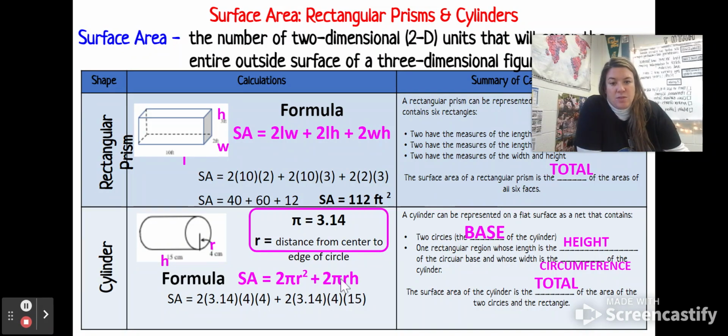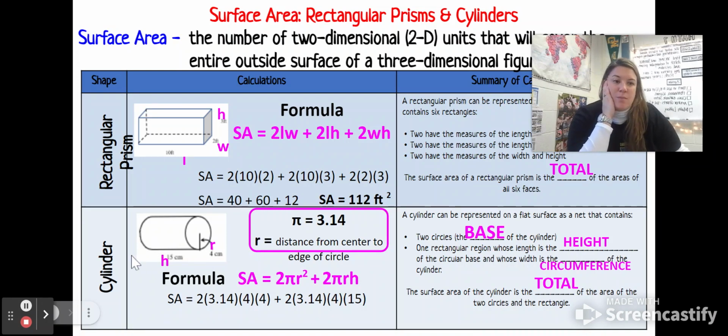Then there's times 3.14 again, times the radius, which is 4, times the height, which is 15. That's a lot. Make sure you have it written down correctly. You're basically following this equation, plugging the numbers in for the variables, the numbers that are on the cylinder.